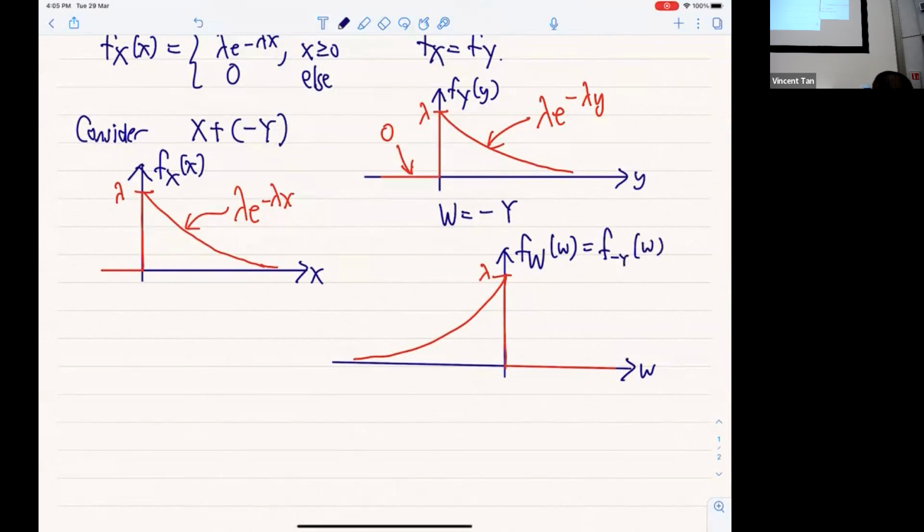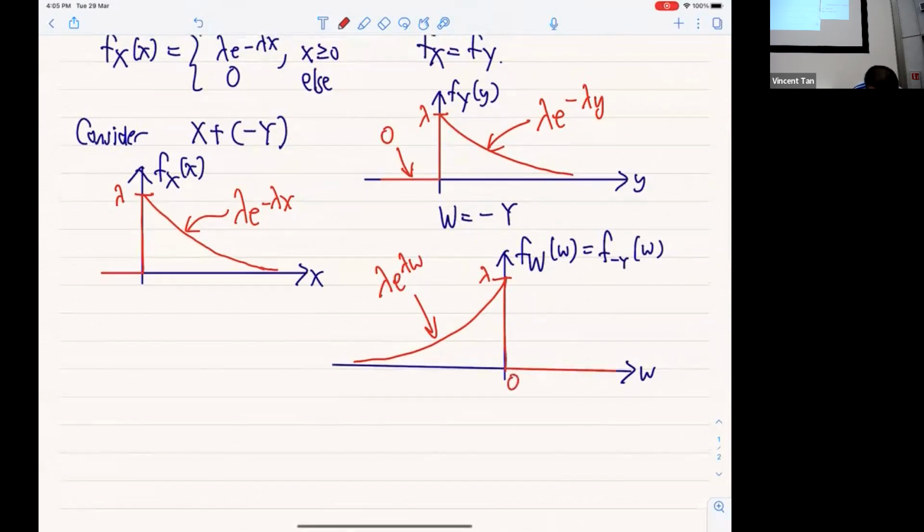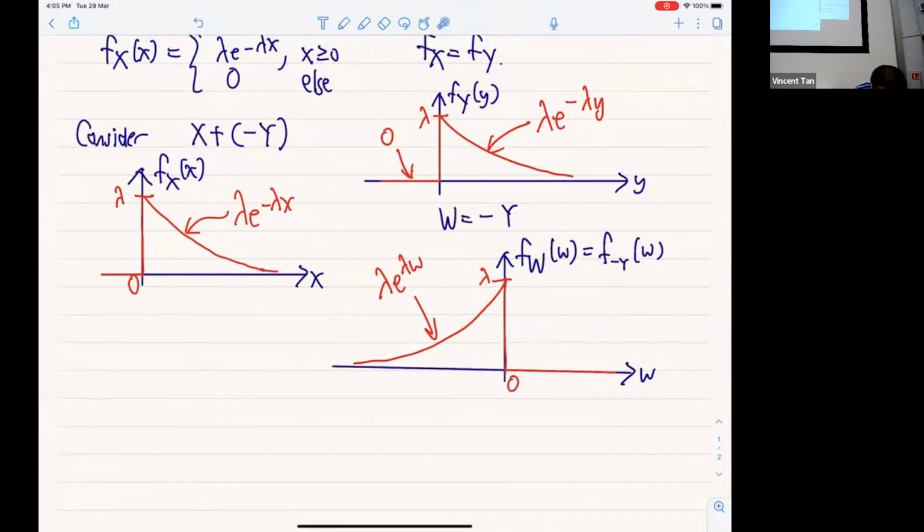So now what is our job? Our job is to convolve these two densities. This is lambda e to the lambda w, it grows. So what is the meaning of convolve? Convolve means we flip and then we slide it left and right.